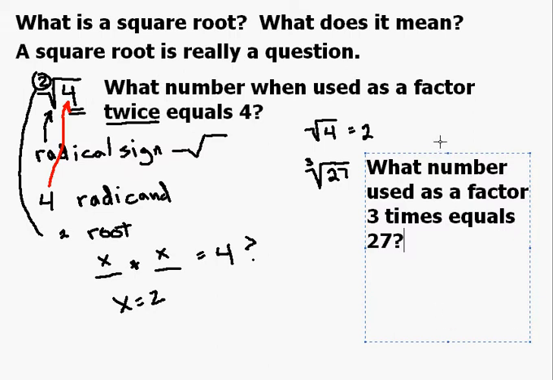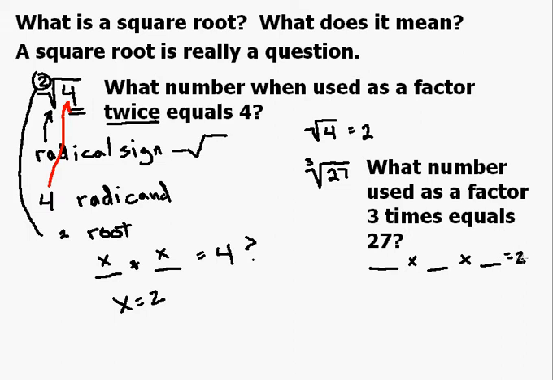And if you were to pose it again in terms of more of a visual, let's try that again. What times itself 3 times equals 27?